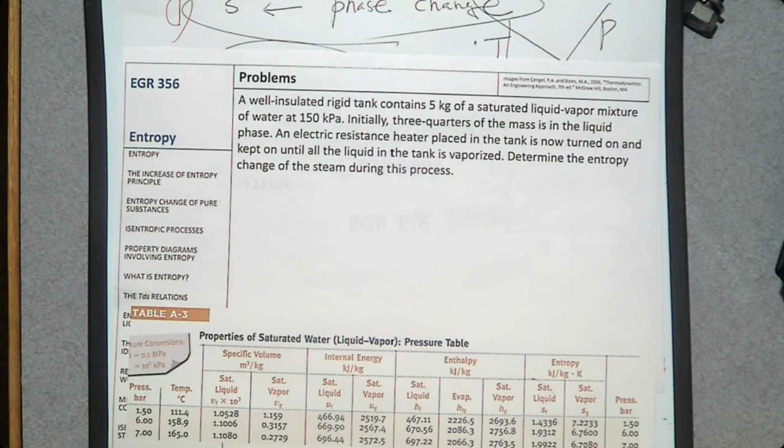We all know what the change is going to be: an increase of entropy, because any process occurs in the direction of entropy increase. An ideal process is when entropy remains constant.